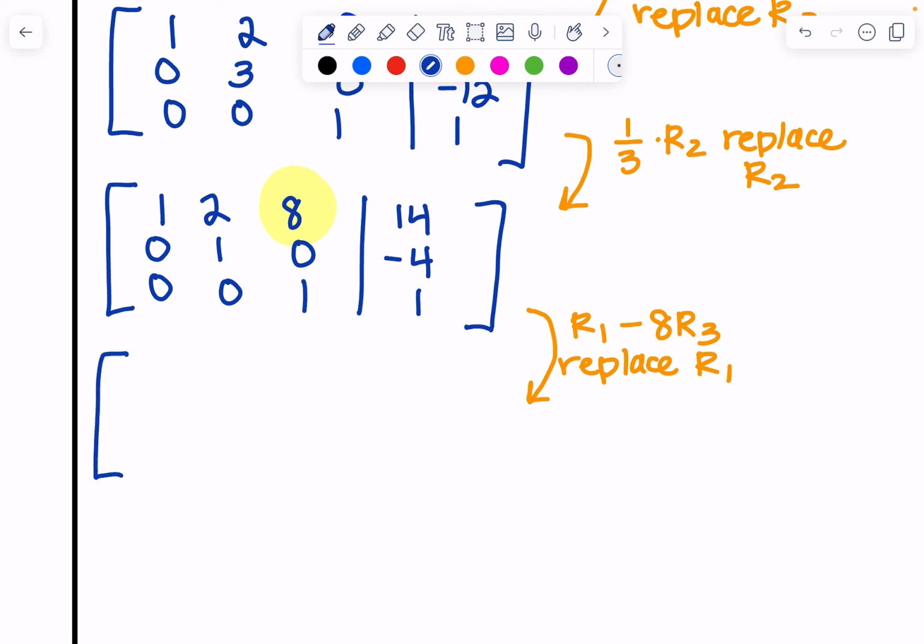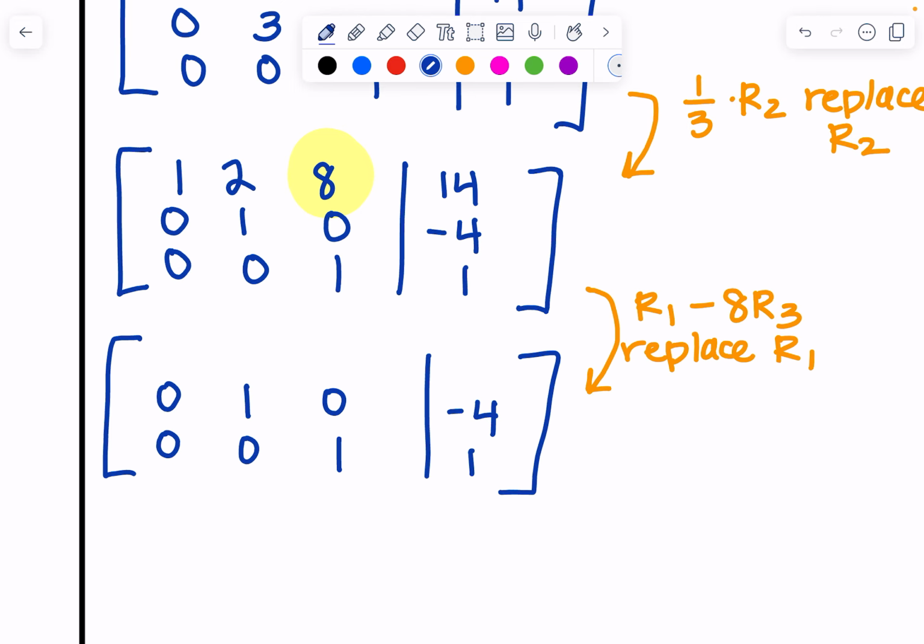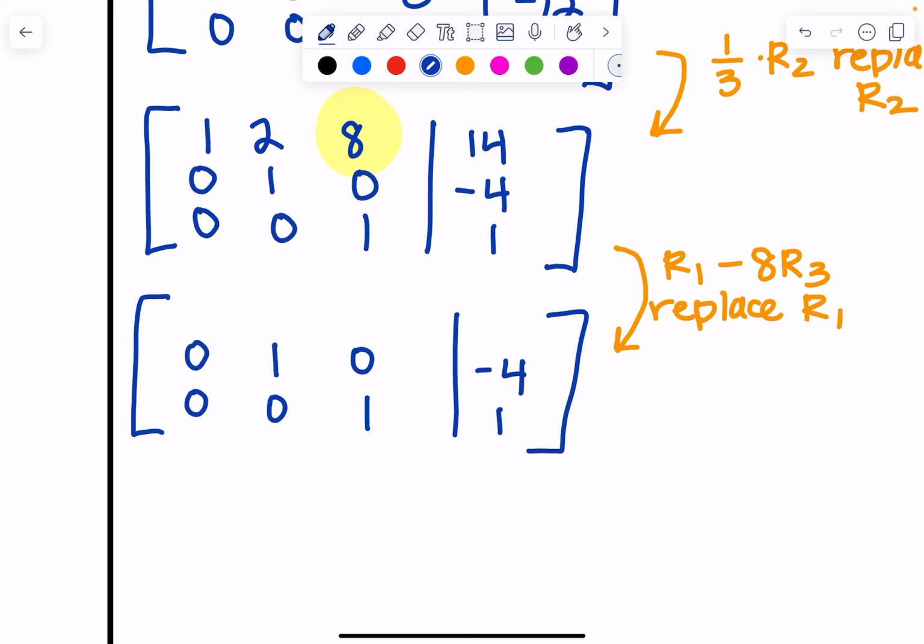Okay, so when I do that, I'm going to rewrite my row 2 and rewrite my row 3 because I'm only changing row 1. And I'm going to change row 1 really tiny. I'm doing row 1 minus 8 row 3.